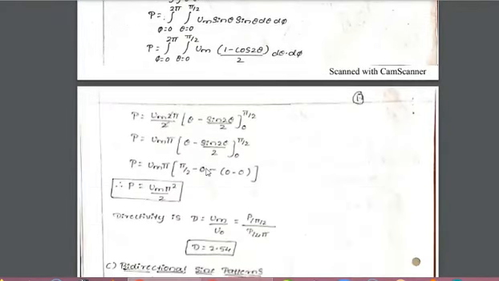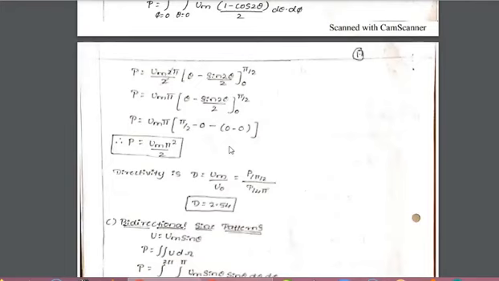Now again, assume we have an isotropic point source which generates radiation in all directions, and hence the directivity is given as U divided by U naught. You know U is nothing but 2 p divided by pi square, divided by p divided by 4 pi. So what is the answer?